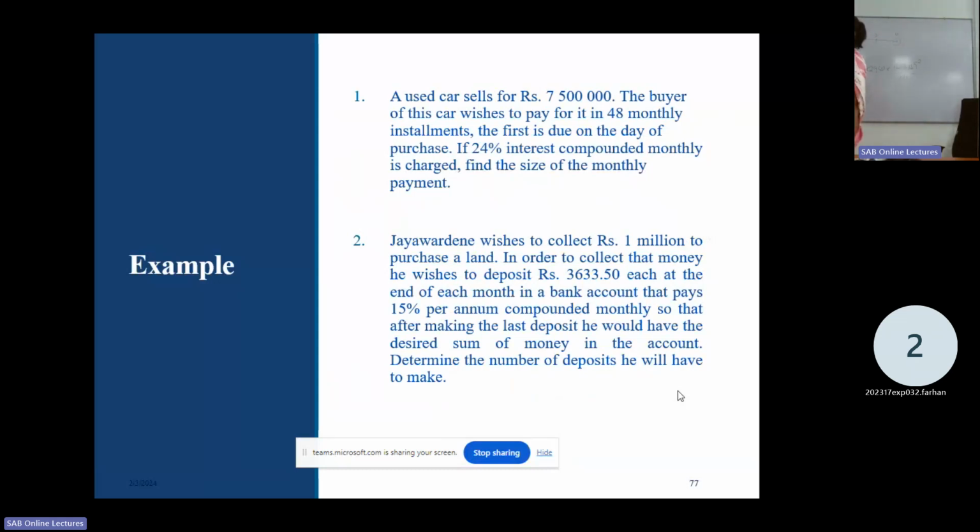But I have taken some difficult type questions. If the interest is 24% compounded monthly, find the size of the monthly payment. I think you can do it now. These are the applications.